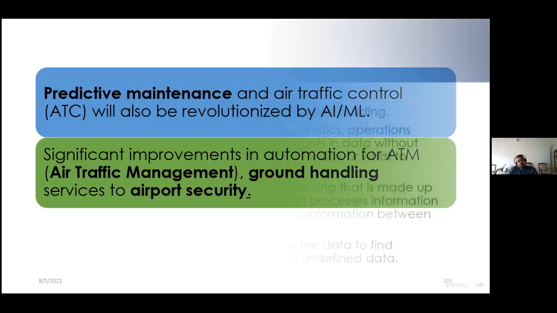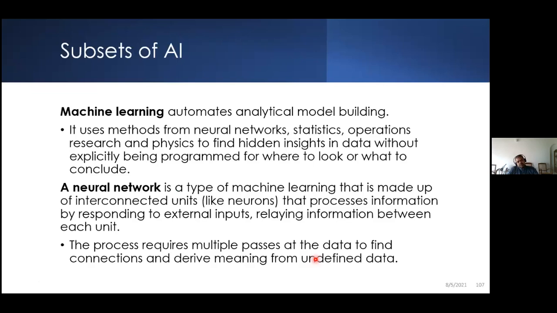Then I think we spoke about machine learning. Then there's something called a neural network, which is kind of an old concept, but it's a constant concept, right? It is a type of machine learning that is made up of interconnected units. So different units, like our neurons, process information by responding to the input that they get from the outside world and processing it out of the learning that they have already done, right?